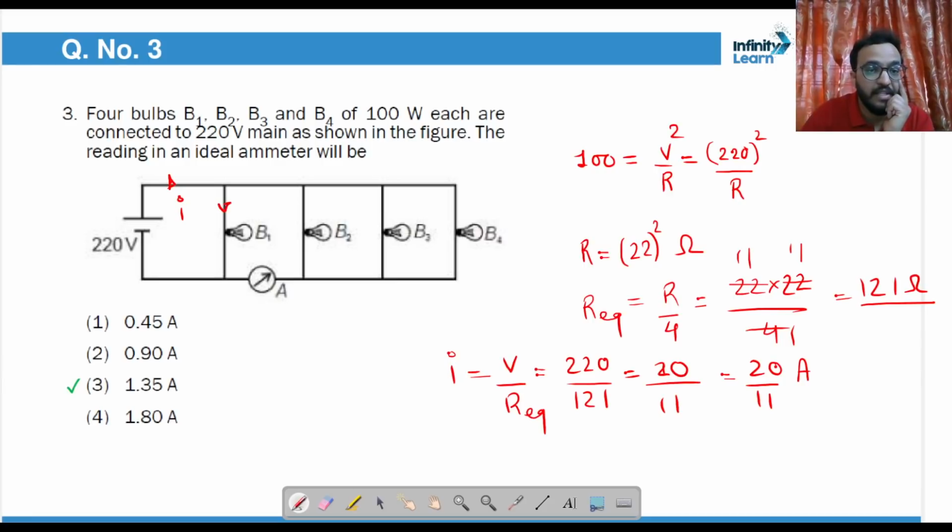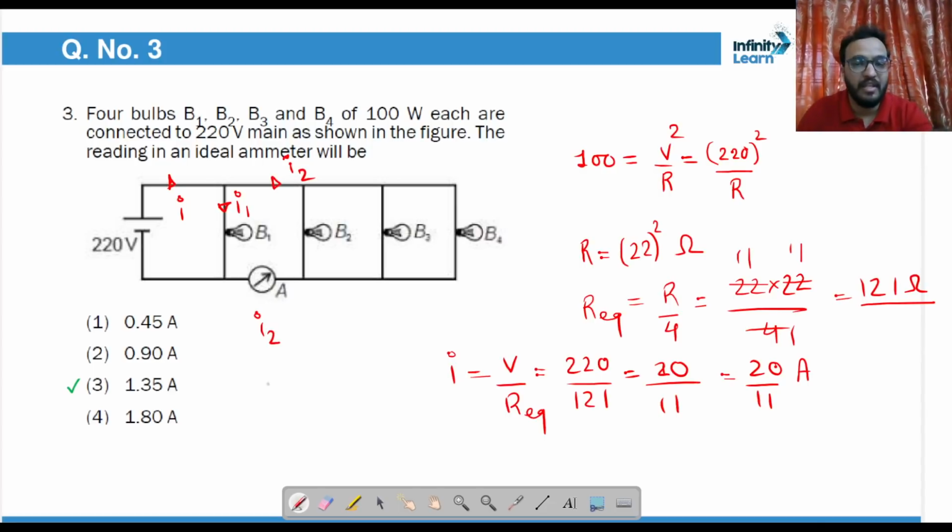Now what we need is, this is I1 and this is I. So in this ammeter, technically the reading will be I. In this ammeter the reading will be I1, and this is I2, will be the reading.